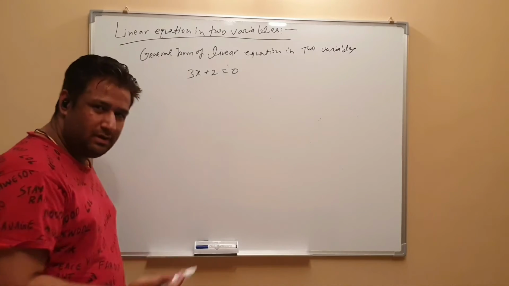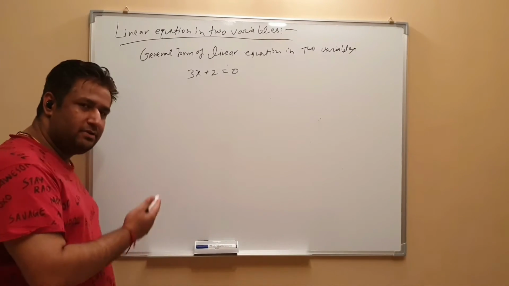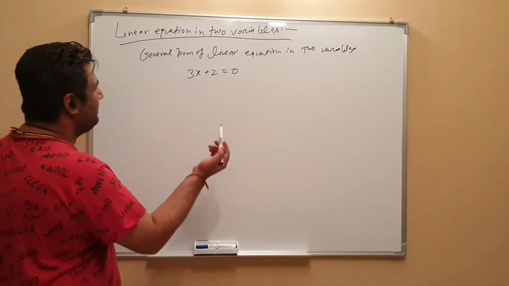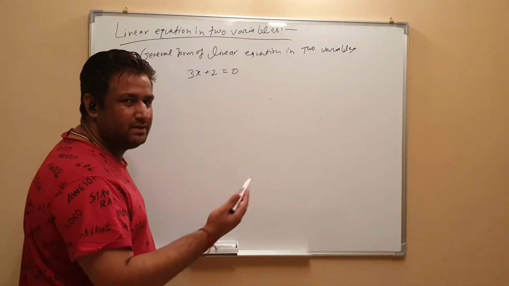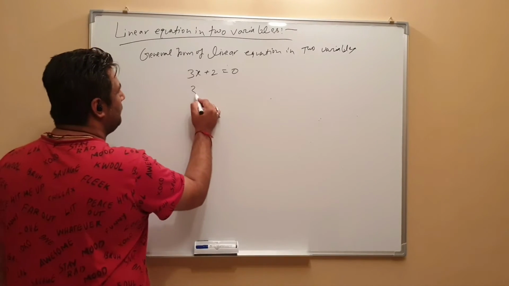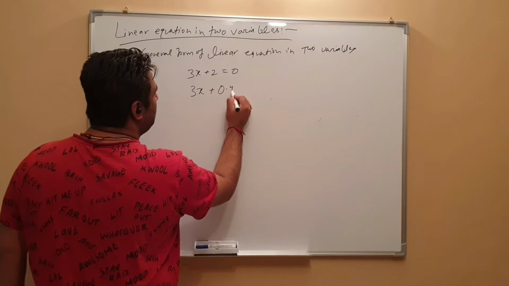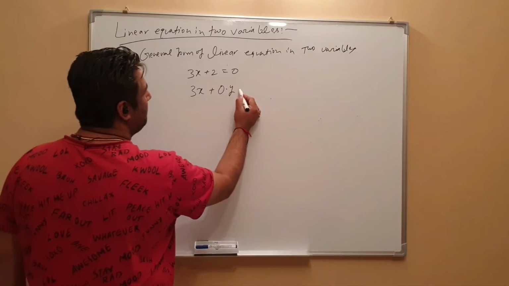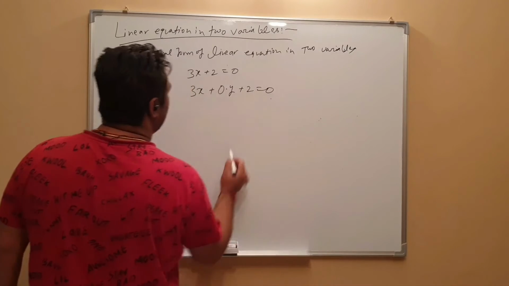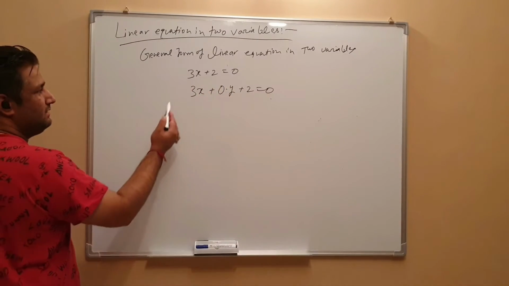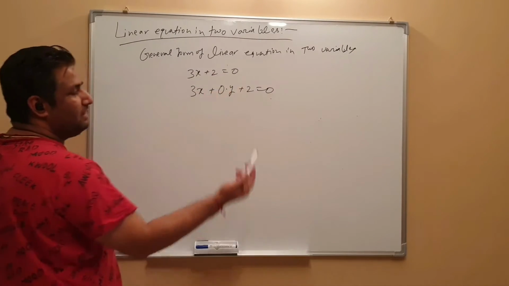So how do we convert a given one variable equation into two variables? That is very simple. There is no y term, so we have to introduce a y term in here. Since the y term is nothing, we can just add 0 multiplied by y plus 2. By doing that, obviously the main equation will not get hampered.